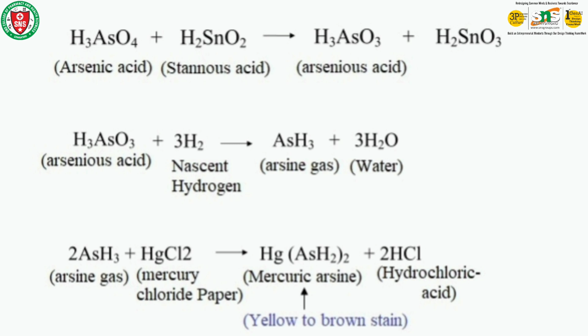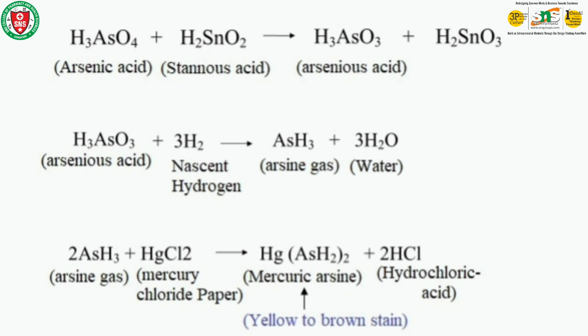These arsenites now again react in the presence of reducing agents such as zinc, hydrochloric acid, potassium iodide, and stannous chloride. In the presence of these reducing agents, they are reduced to arsine gas, that is AsH3. The product that is formed is a gas.